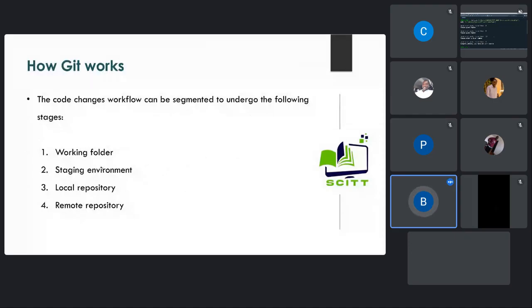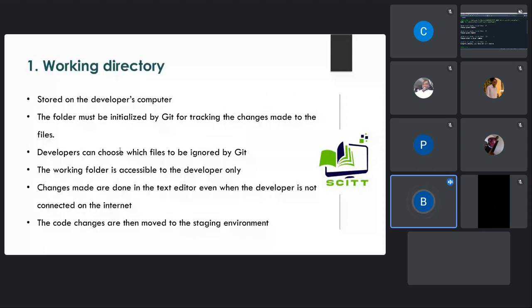We said we have 4 new terms that we are going to be using: the working directory, the staging environment, a local repository, and a remote repository. The working directory is the local directory. It's what is on your computer. Here is where you'll use git init for this folder to be initialized to allow the tracking of changes made on your files.